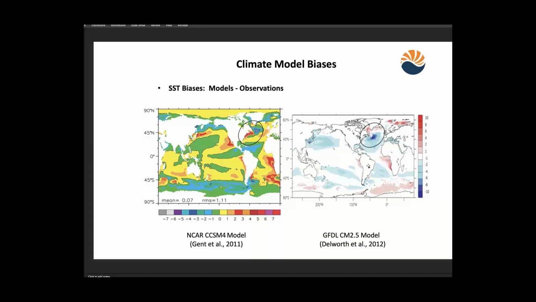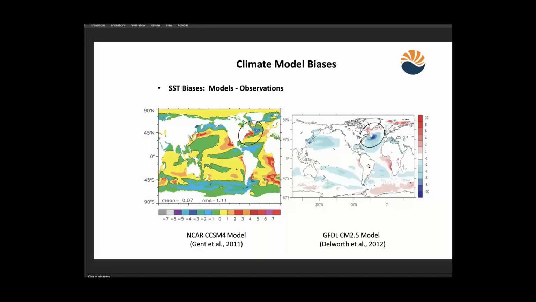On the other hand, the error patterns seem to be recognizable between the different models. So maybe there's some fundamental dynamics or physics that we are not representing well that would be common across the models, that when we finally crack that nut, we'll be able to improve these models.